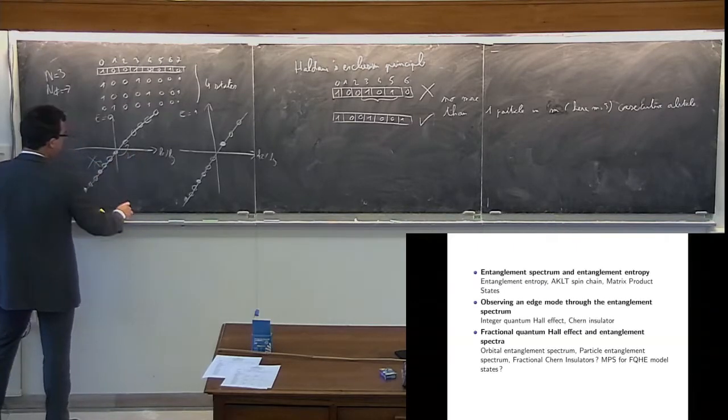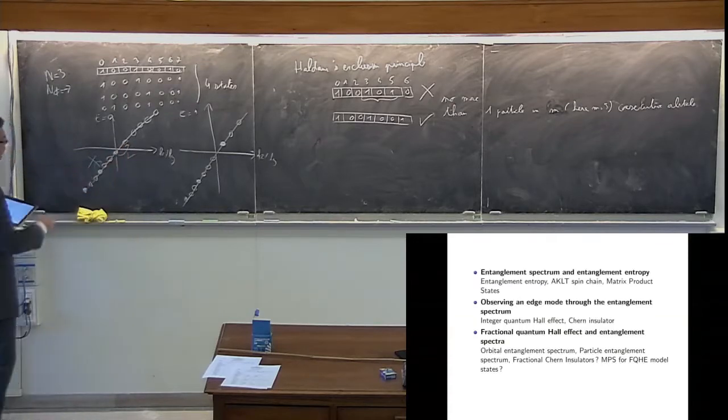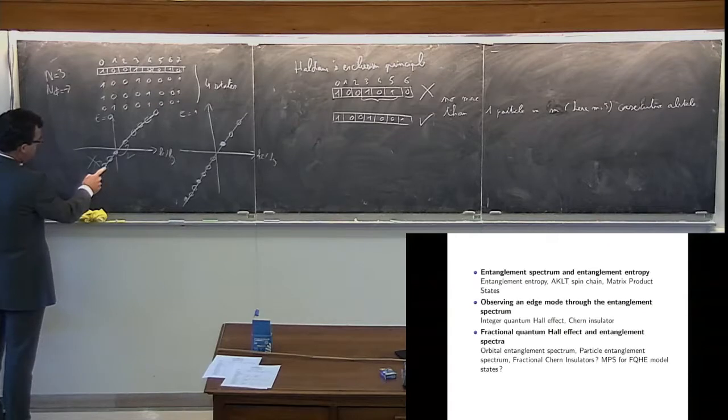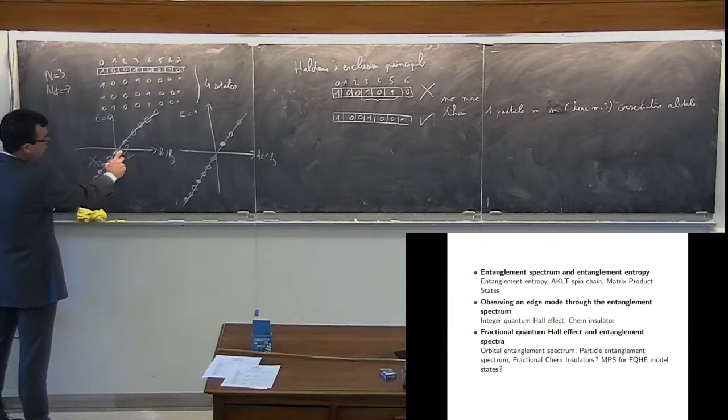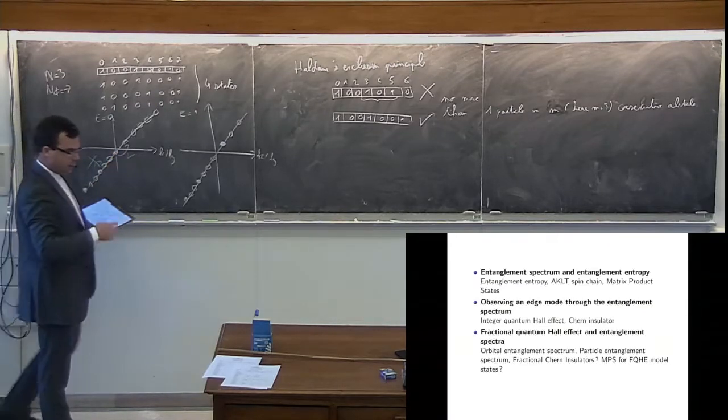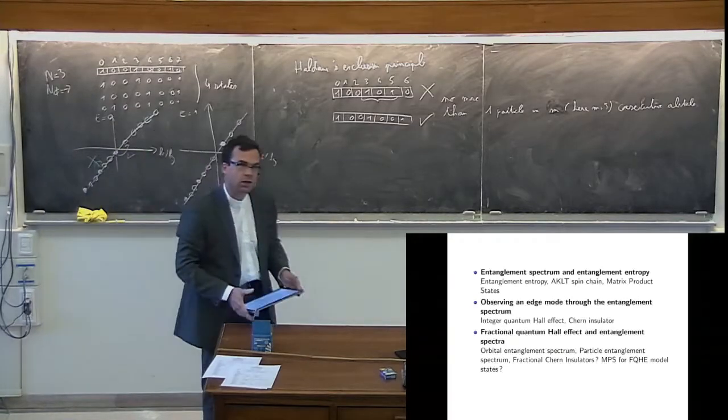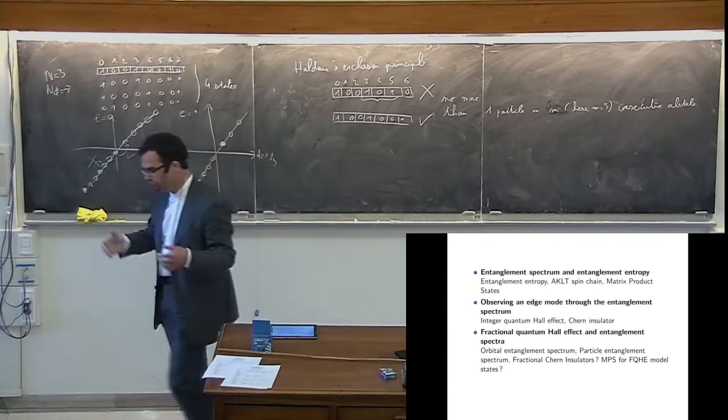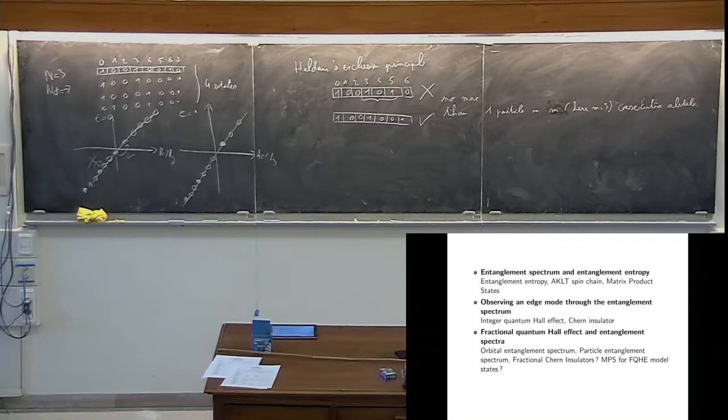So this one is okay, right? You still satisfy this exclusion principle, but you cannot promote this guy here to here because you will have a violation here. You can play the game and count how many states you have per energy level, and you will see that you get exactly the same numbers that we had yesterday.